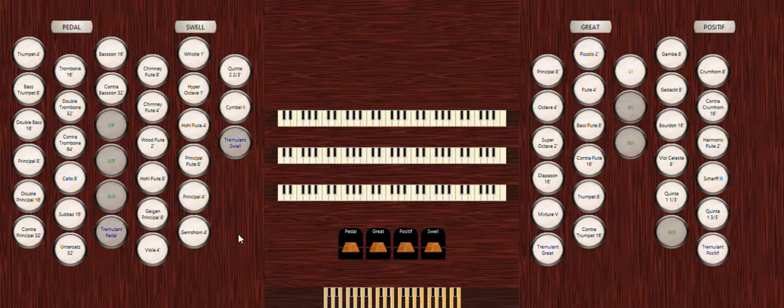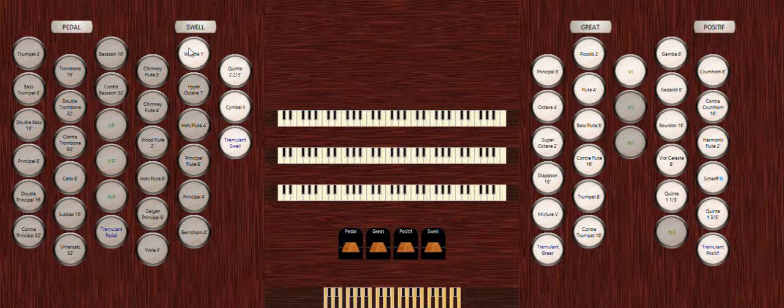So here is full organ. Well, I tried adding in like an octave lower, but it didn't really work.